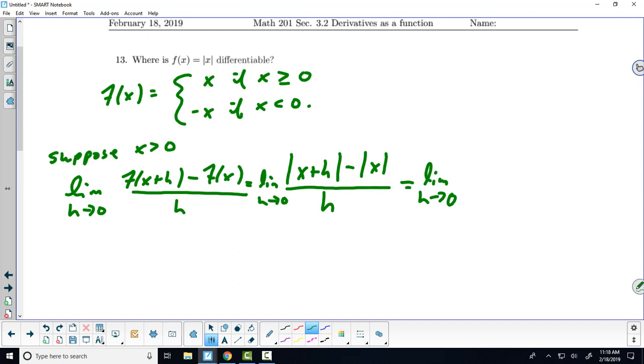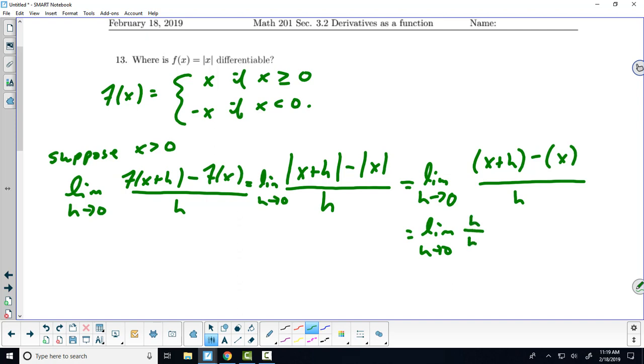X is already positive, so a tiny number plus a positive number remains positive, which means I can go ahead and just use this definition of the absolute value, the one that says leave the stuff inside the absolute value alone. When this cleans up, we end up with just h over h, which is equal to the limit as h approaches 0 of 1, which is equal to 1.